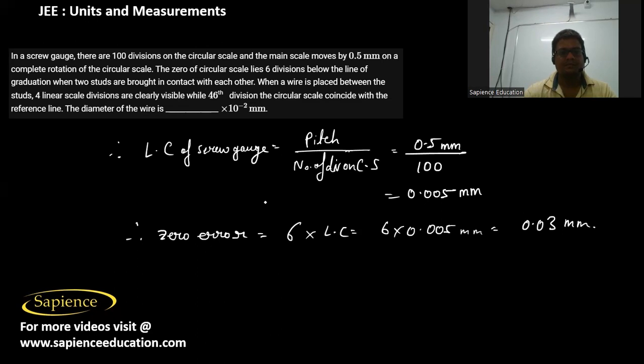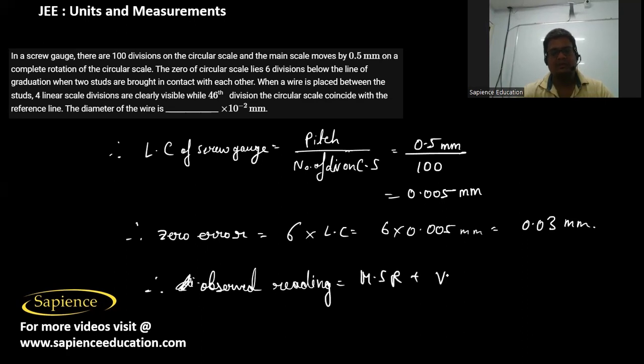When the wire is placed between the studs, 4 linear scale divisions are clearly visible.